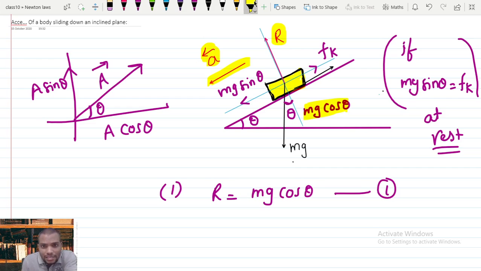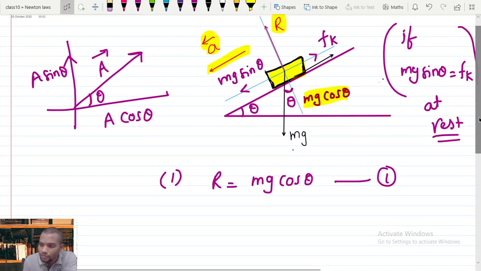So the mg sin theta component is the extra force that causes acceleration in the block.